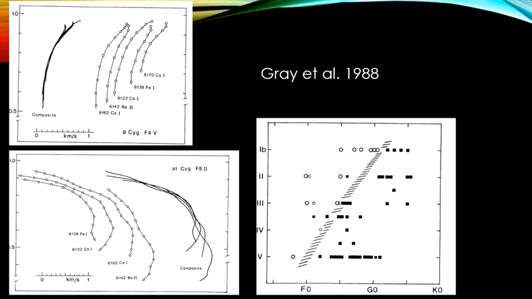The material in the center of these granules is hotter, which translates to brighter, and as such dominates the absorption curve. This would explain the shape of the bisectors for cool stars, where the color of their line is blue shifted, with a long wing stretching to the right side of the spectrum.